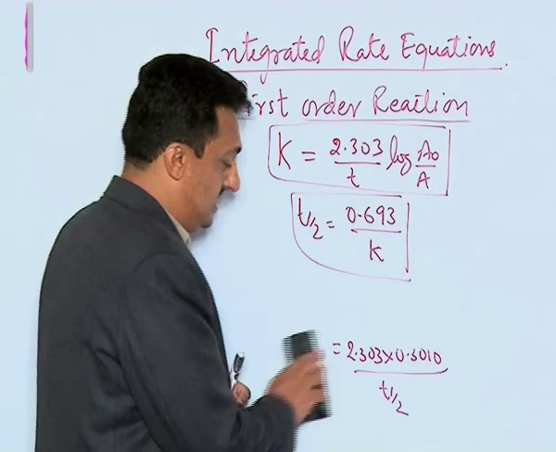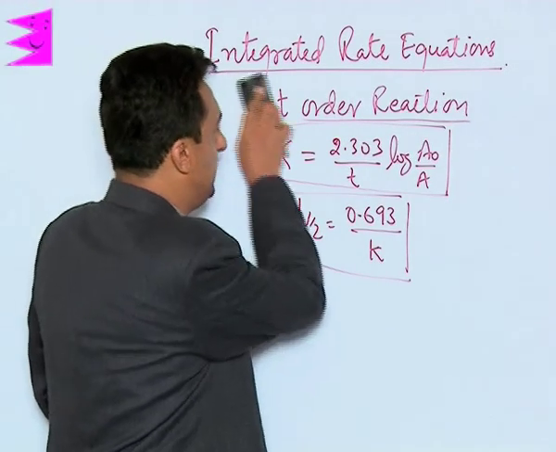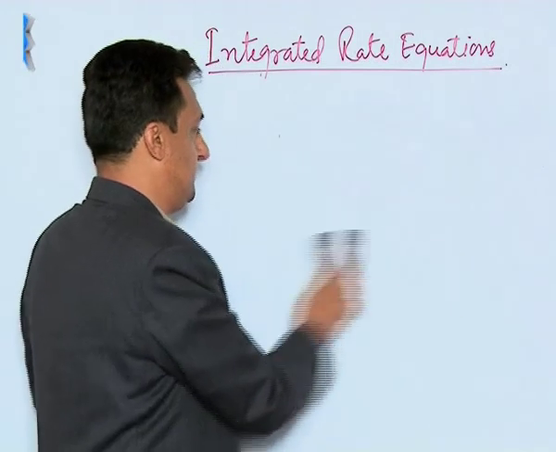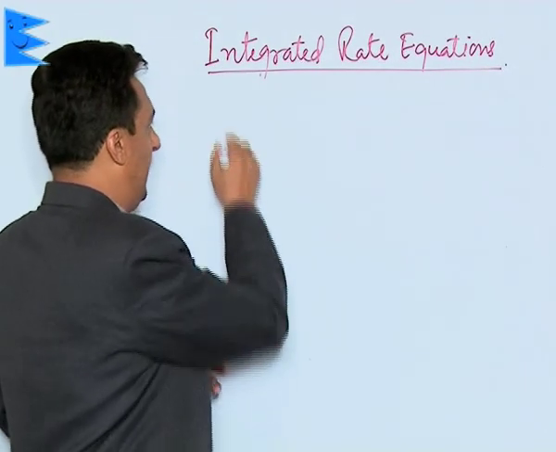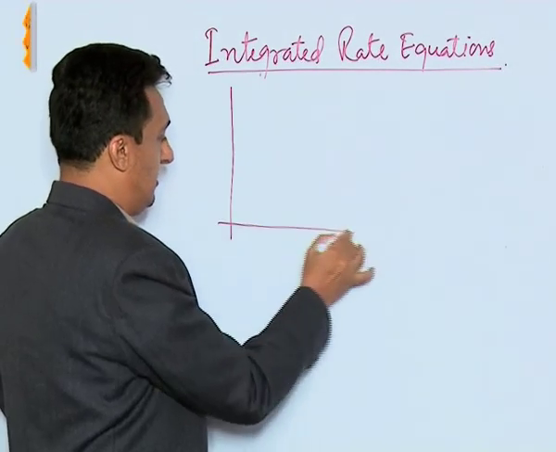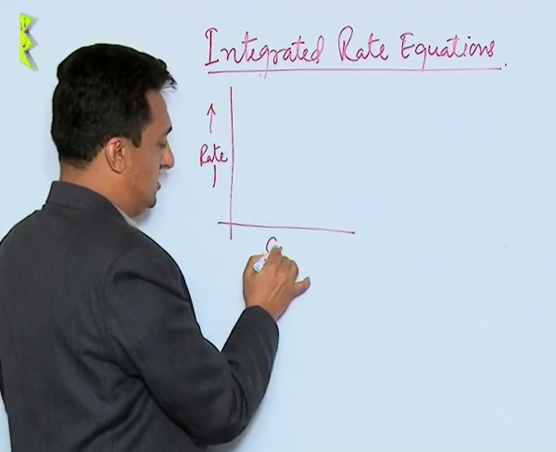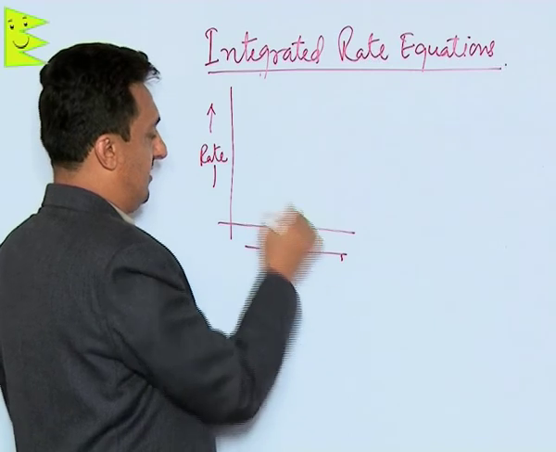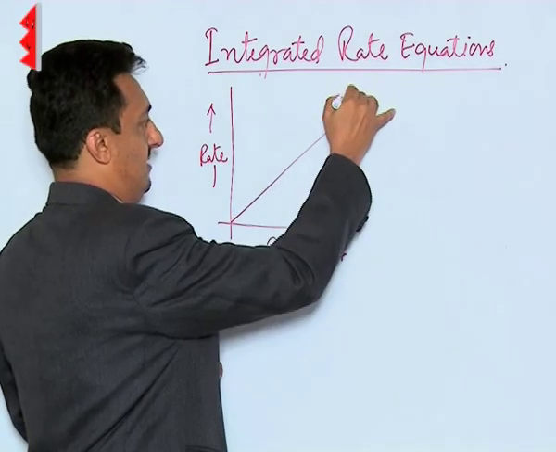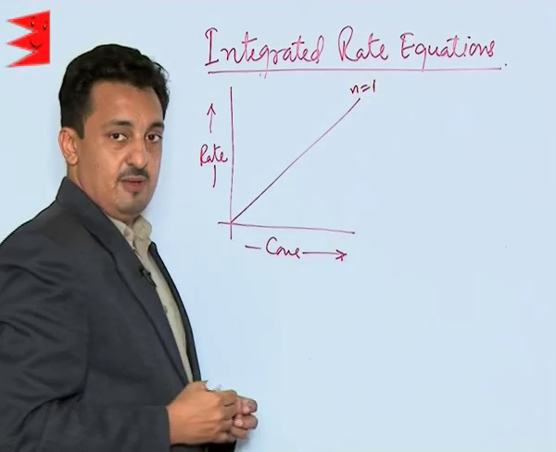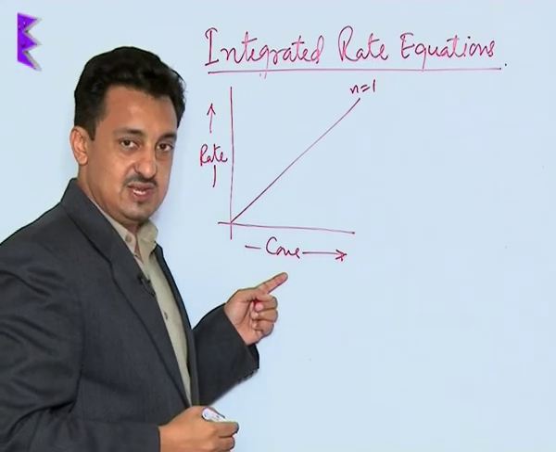Now let us move to the graphs of the first order reaction. The first order reaction will have a graph between rate of reaction plotted with concentration as a straight line passing through origin, because it is directly proportional to concentration.